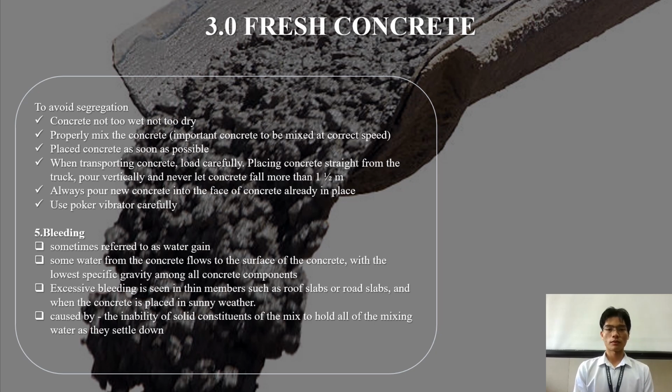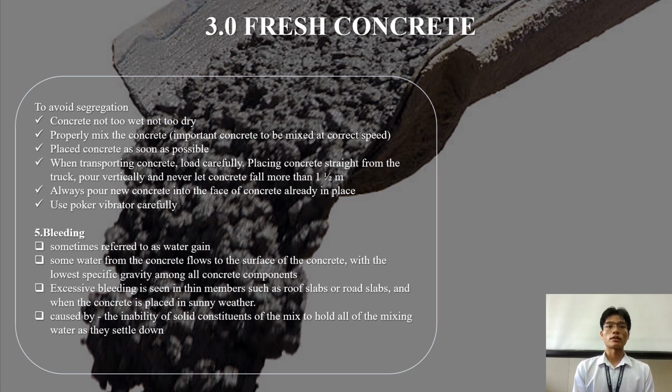Fifth, bleeding. What is bleeding actually? Bleeding in concrete is sometimes referred to as water gain. This is a special form of segregation in which some water from the concrete flows to the surface of the concrete, as water has the lowest specific gravity among all concrete components.